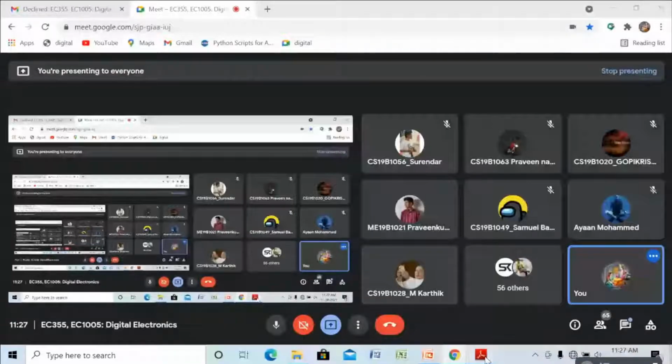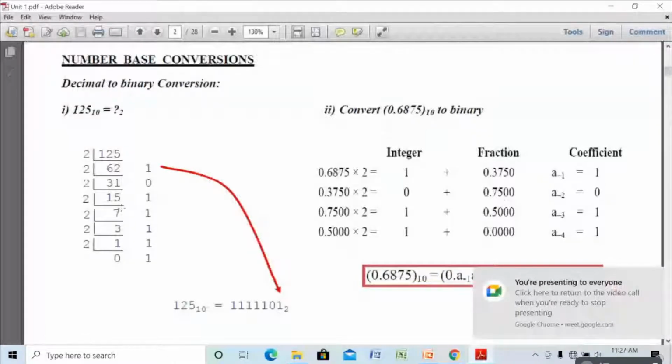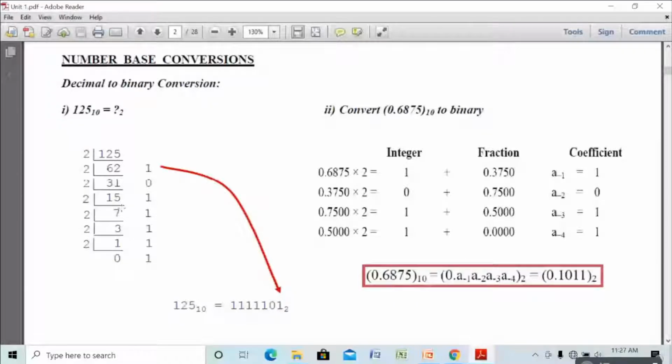Using the same procedure, all of you convert 25 to binary and put it in the chat box. So many people answered correctly. Very good.